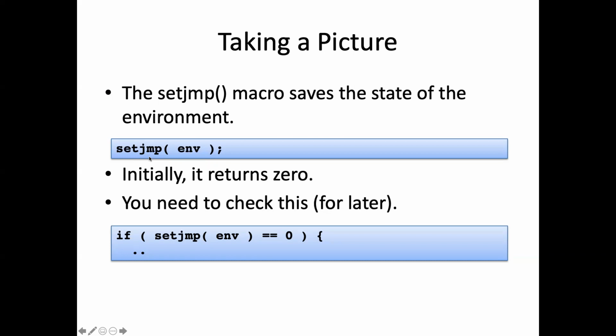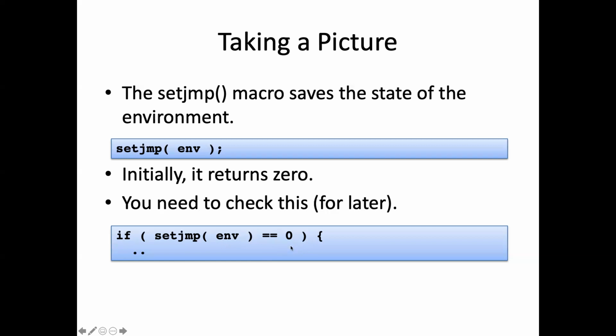It also returns a value, and that's probably the trickiest part of explaining this. Because the first time you call it, it returns 0. So usually you're going to call it in code that looks like this. You're going to say, take a picture of where I am on the stack, and then see if it returns 0 or not.